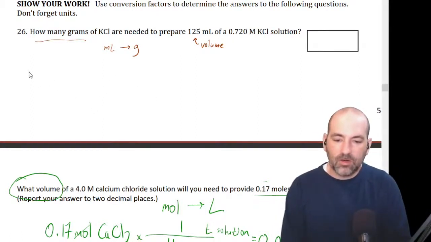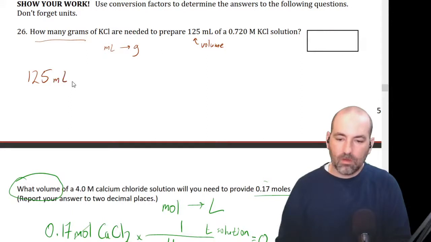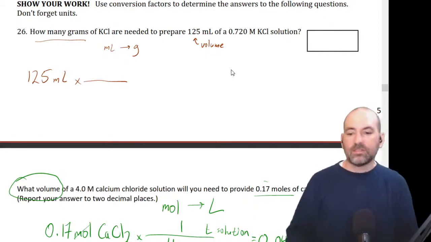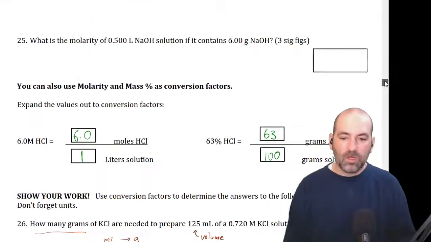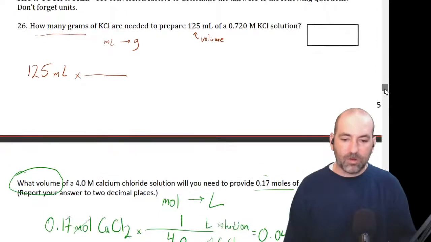Well, we could take our 125 milliliters, but we can't directly multiply that by a molar factor because we don't have liters, we have milliliters. We have to convert to liters because molarity is moles per liter, not per milliliter.